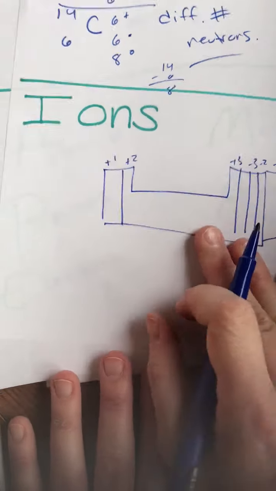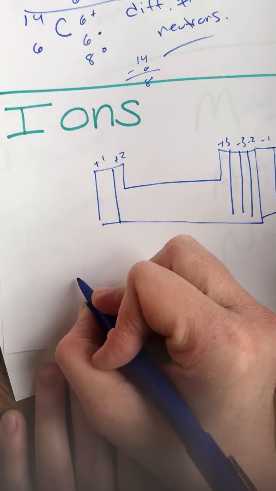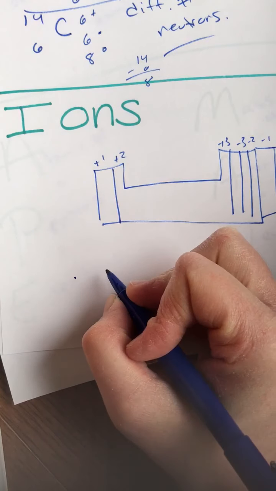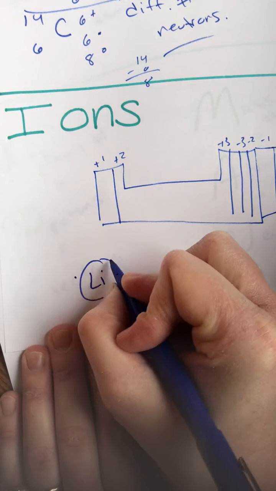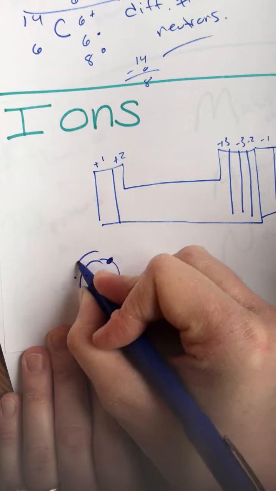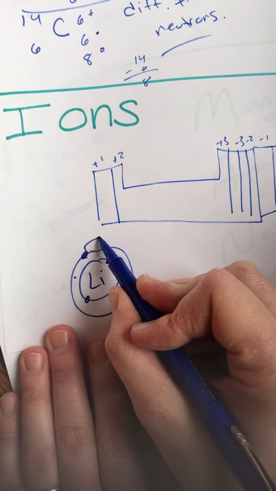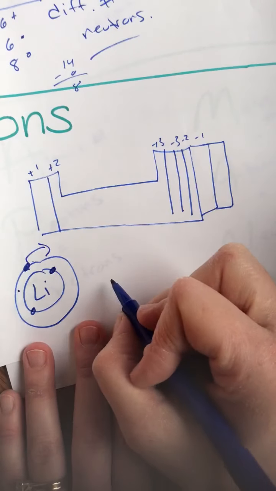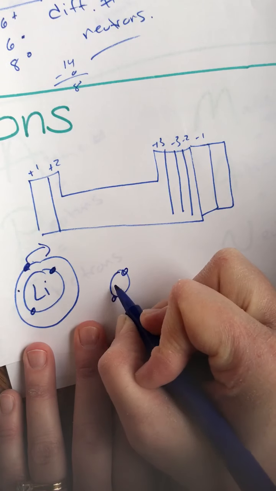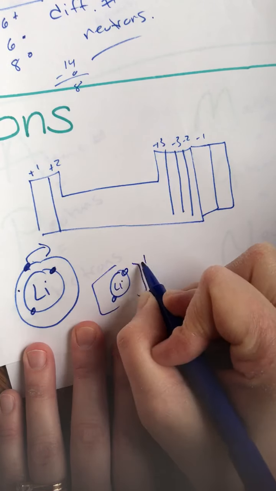So these are your ions. So remember with something like lithium. Lithium would be sitting here with 3 electrons because it's element number 3. And so this one right here it wants to get rid of. So what it would do is it would donate that. And so then lithium would be sitting with only 2 electrons, and we said it would be a +1.